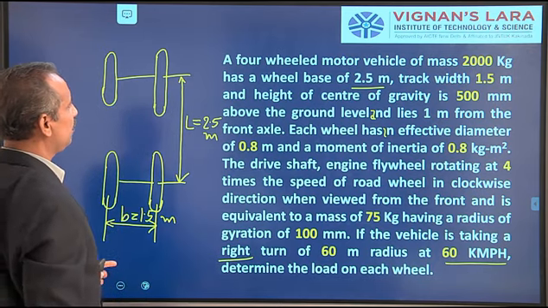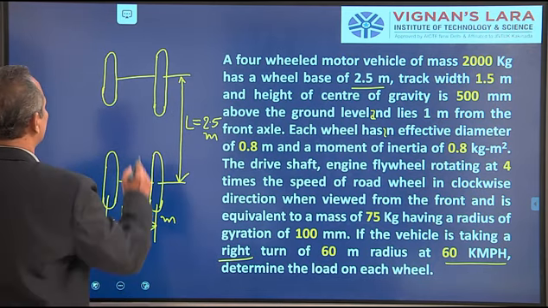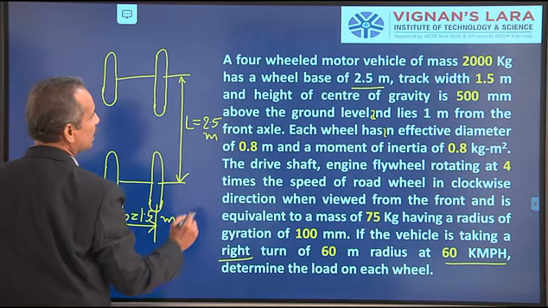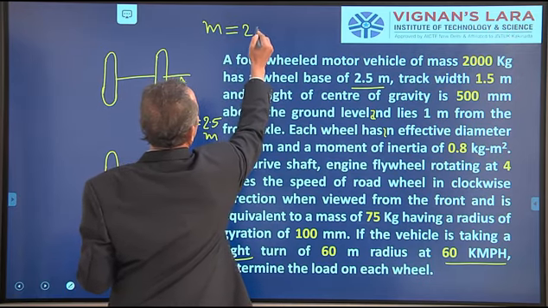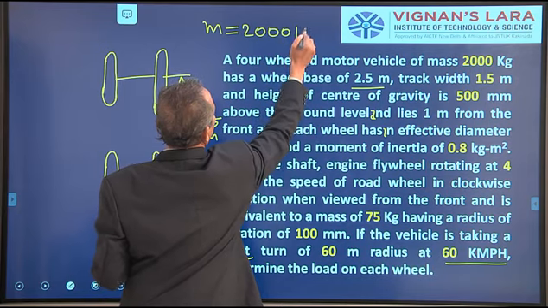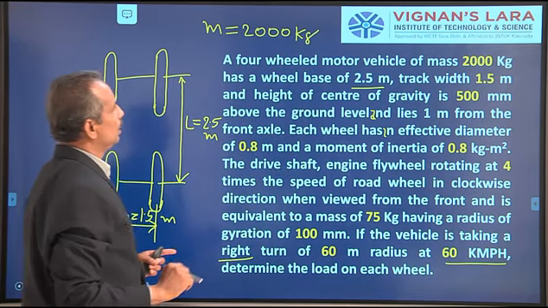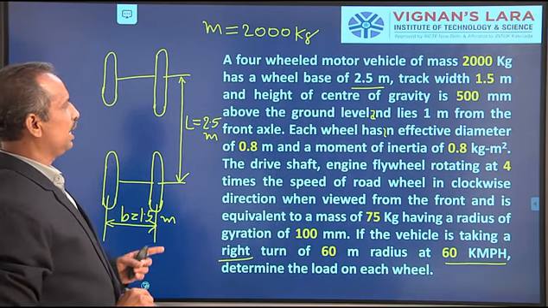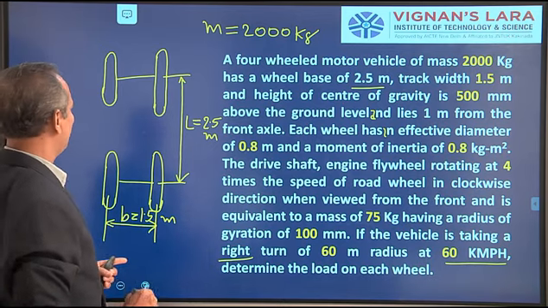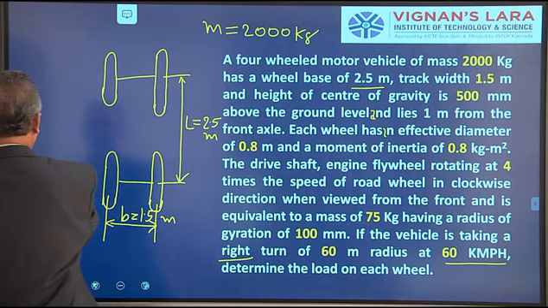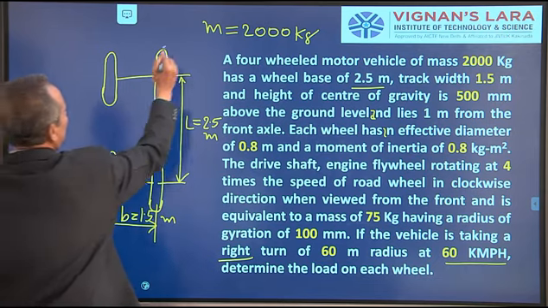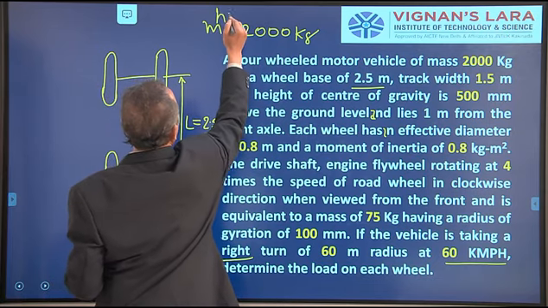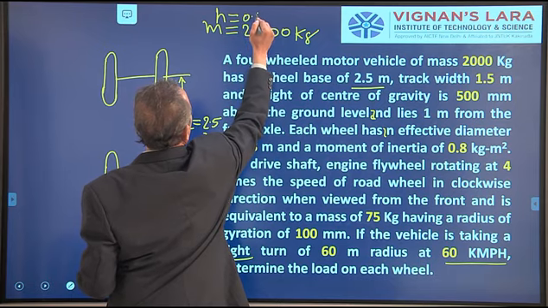And the mass of the vehicle is 2000 kg. Then the height of the center of gravity is 500 mm. You can see in the side view, this is the center of gravity, which is h, 0.5 meters.